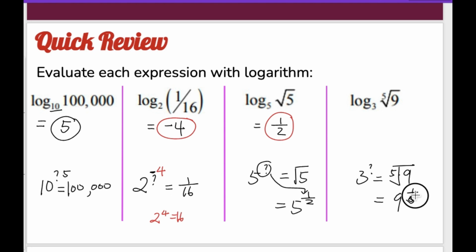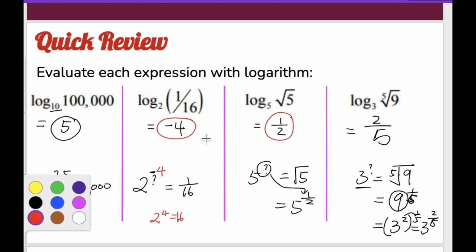This is just how we write the fifth root. And since we are looking for base 3, we are going to write this 9 as 3 to the second power, raised to 1 over 5. So we multiply, and it simplifies to 2 over 5, so 3 to the 2 over 5 will be equal to that. Okay, so this is the answer for that.